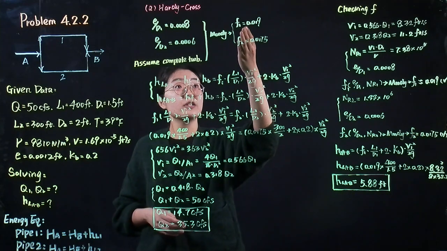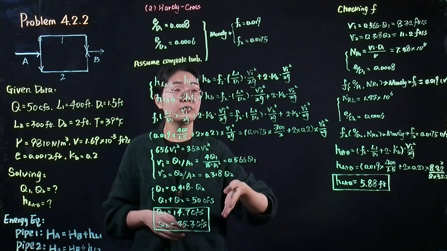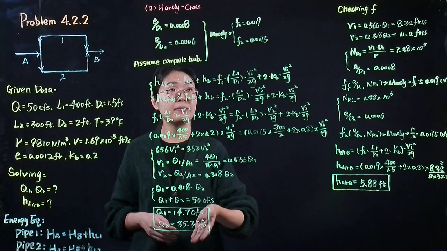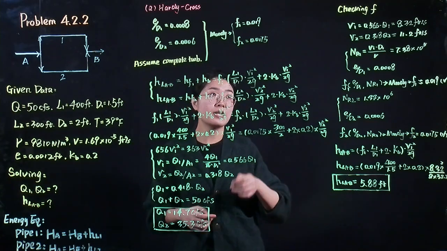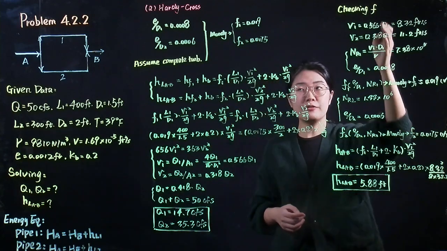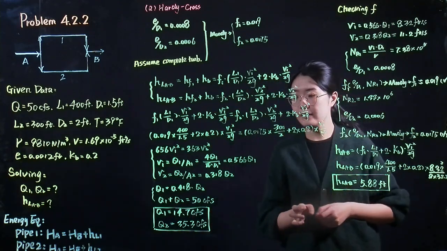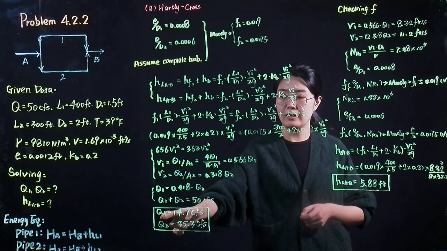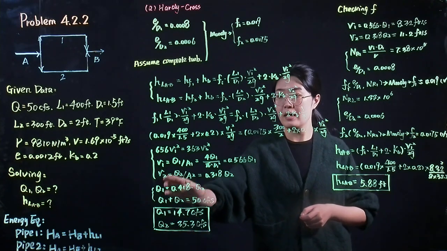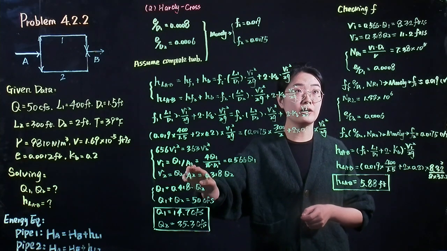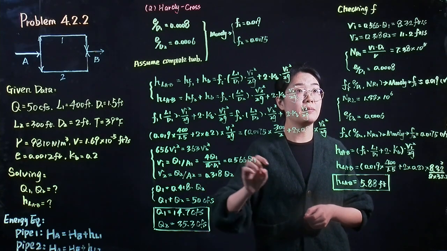Because the friction factor we use to calculate this value is based on our assumption, the next step is to check the value of the friction factor. Because we already calculated the flow rate in pipeline 1 and 2, based on the equation here, we can get the velocity in these two pipelines.